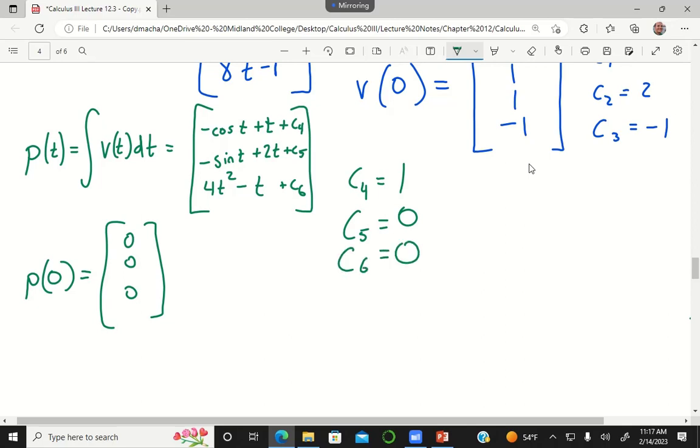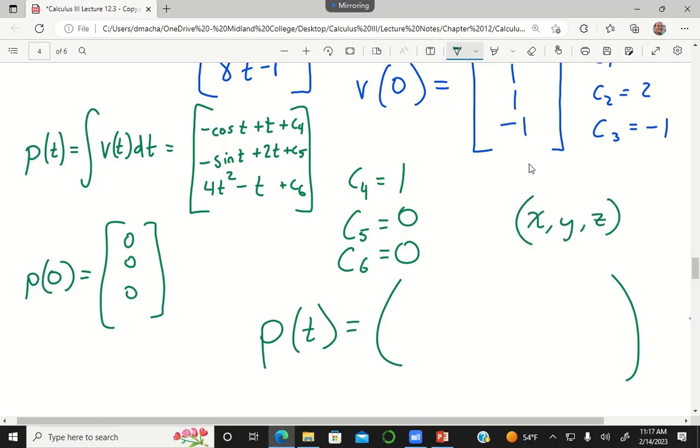Yeah. So altogether, my position at time t, as a little coordinate triple, x, y, z coordinates, should be given by negative cosine t plus t plus 1, comma, negative sine t plus 2t, comma, 4t squared minus t.